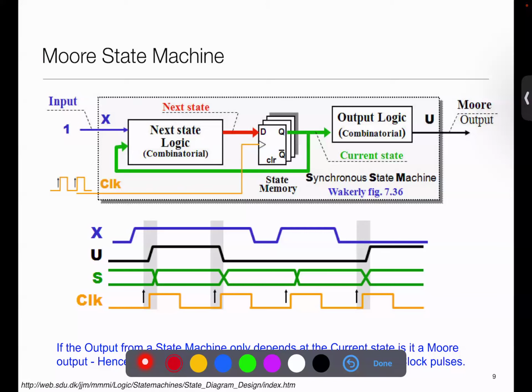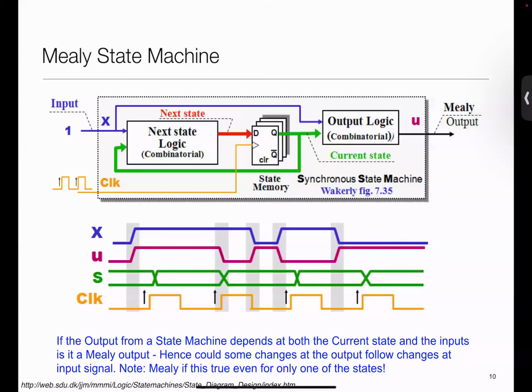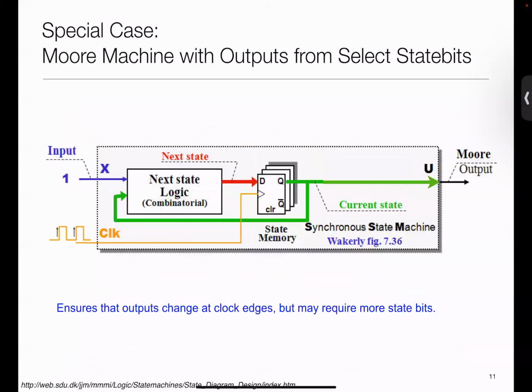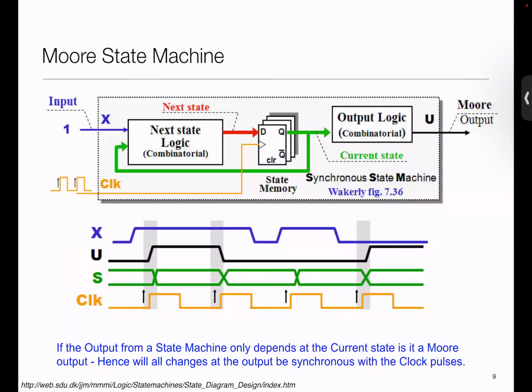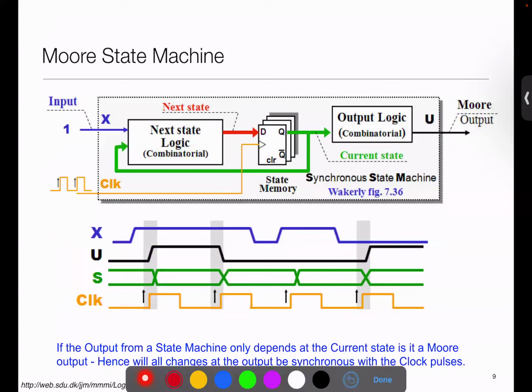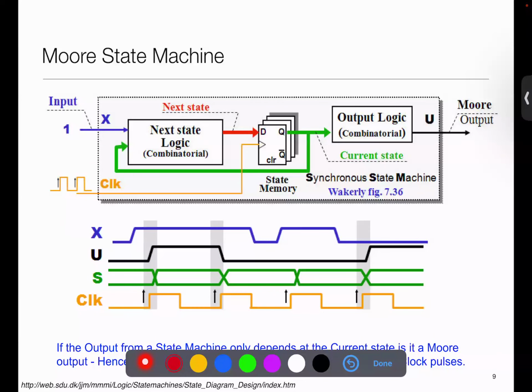We have seen this diagram, Moore and Mealy, so I'm going to skip that. Actually, just to make one other point. Moore machines are machines where output logic no longer depends on the input, right? It's only dependent on the current state. So that's a Moore machine.